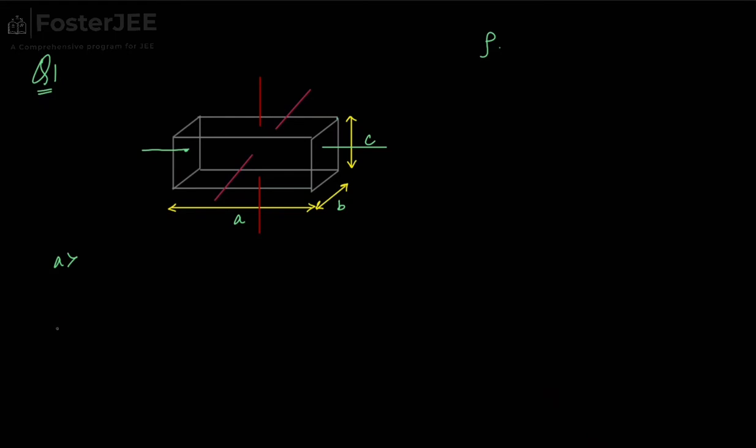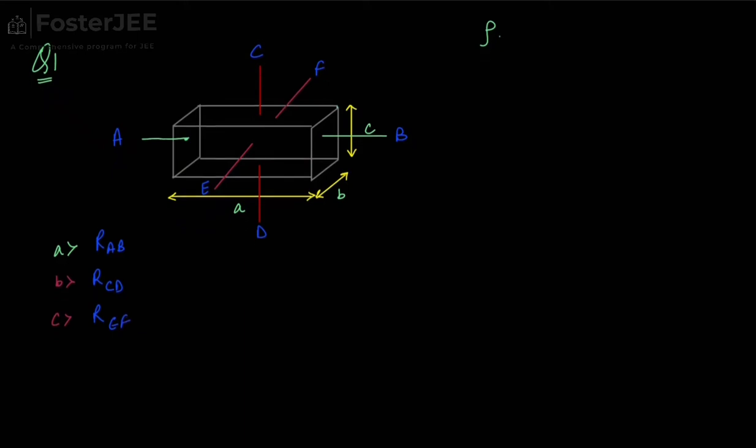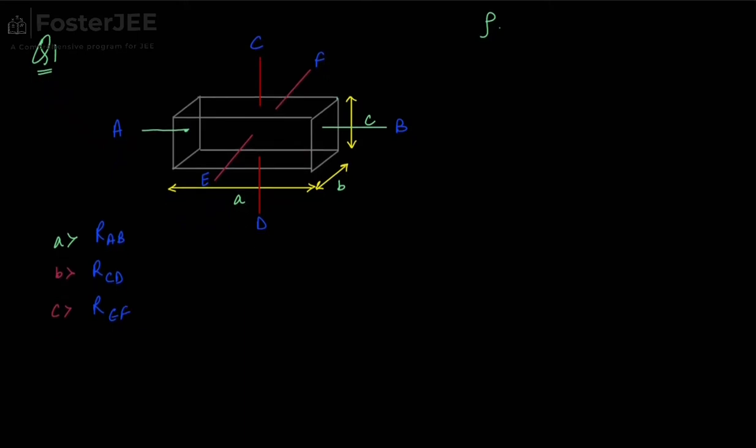Now, let's write. Let's suppose this is face A, this is face B, this is face C, this is face D, this is face E, and this is face F. The first part asks for the resistance between A and B. The second part asks for the resistance between C and D, and the third part asks for the resistance between E and F. So let's go part by part.